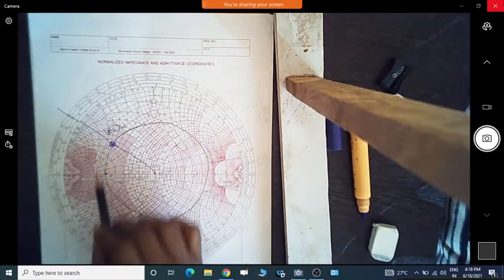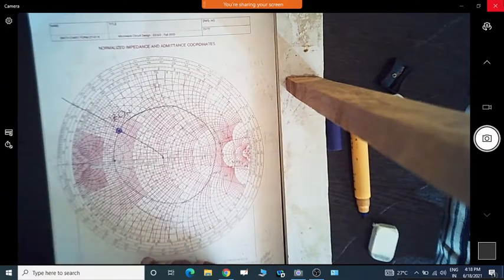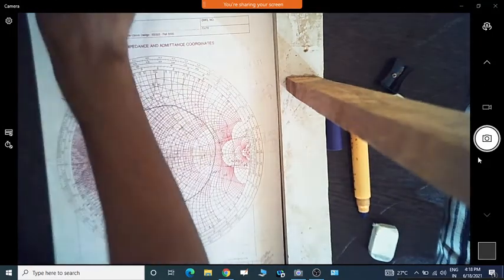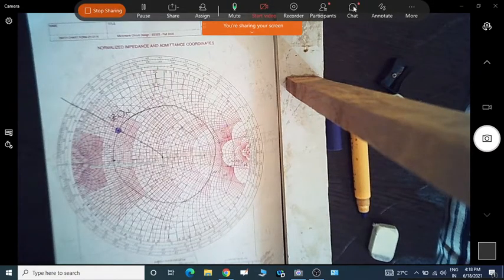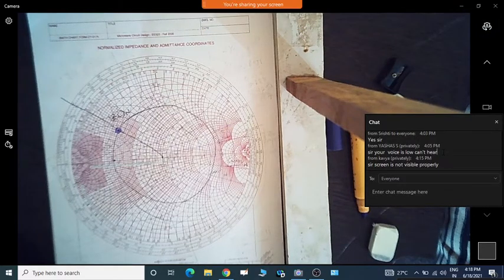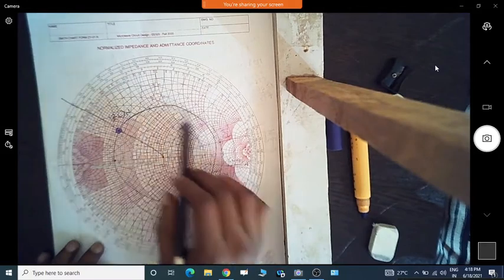So plot this VSWR circle properly. So anybody is done?